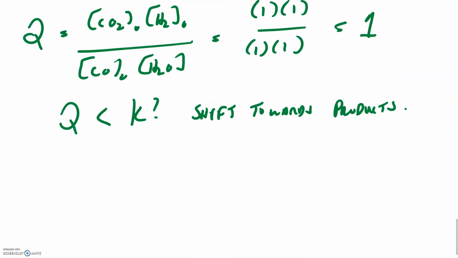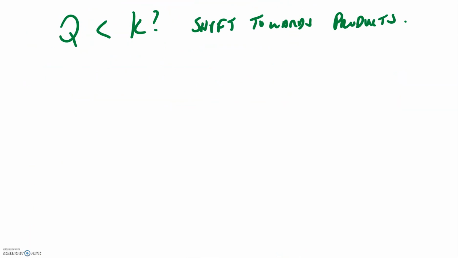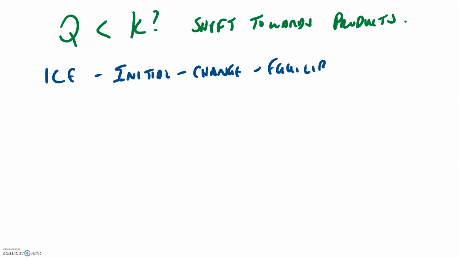Let's set up this thing called an ICE table. Remember that an ICE table stands for initial, change, equilibrium. So in our ICE table, we're going to start off with initial concentrations of everything.